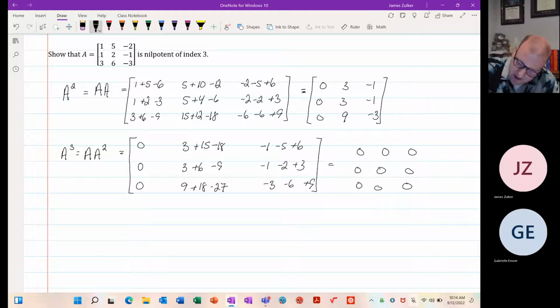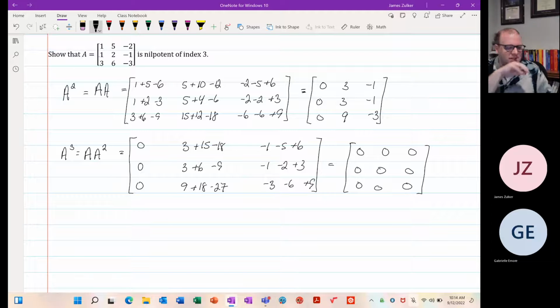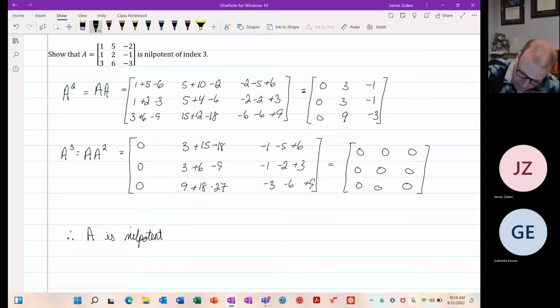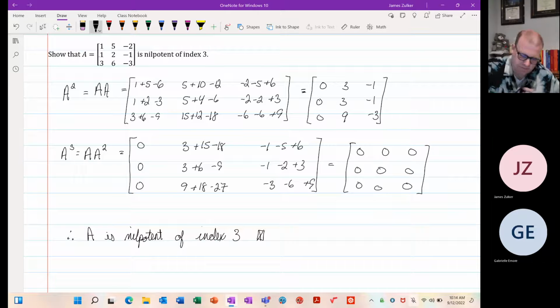And then -3 minus 6, -9, plus 9 is 0. So there is the zero matrix. And since 3 is the first power at which that appears, we say that A is nilpotent of index 3. And that was number 2.